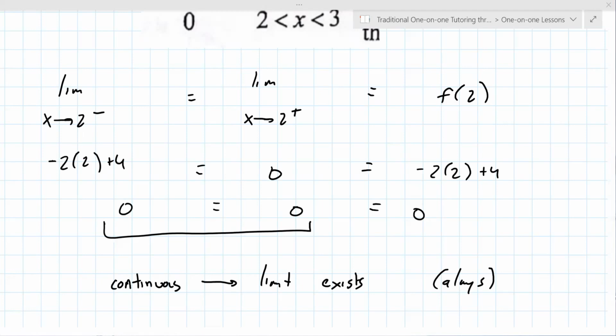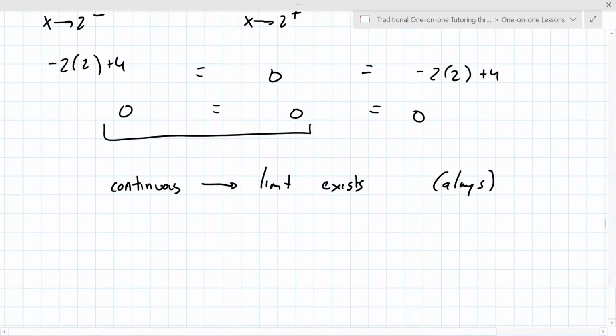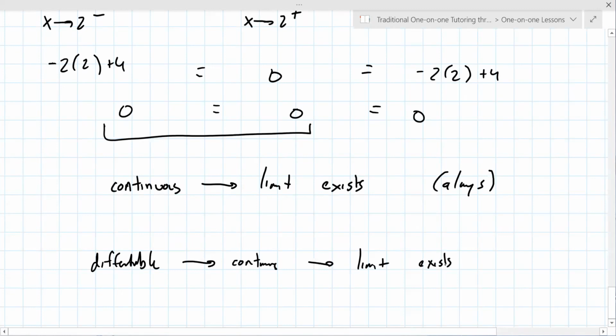Differentiable comes from the derivative. So if it's differentiable, this is the good way, then it's continuous, then the limit exists. Always. But the other way is only sometimes true. Right. Okay.